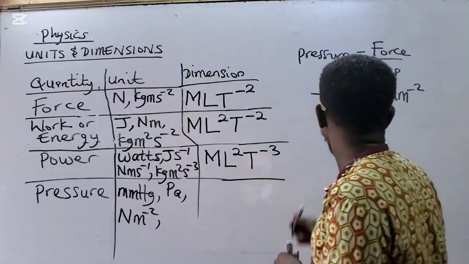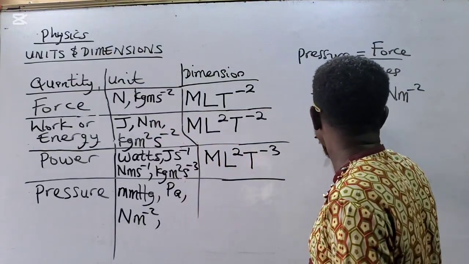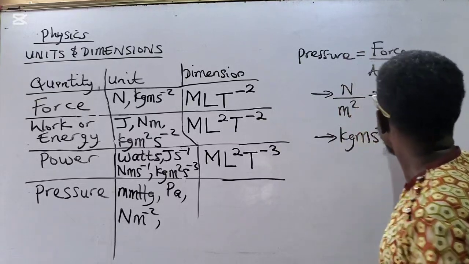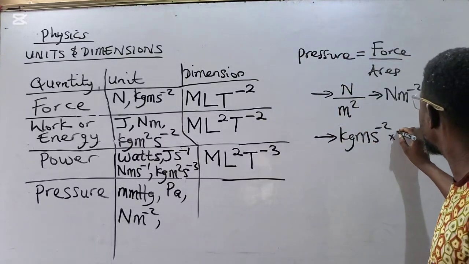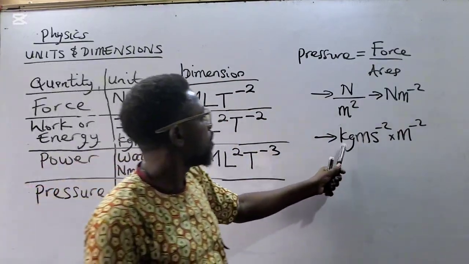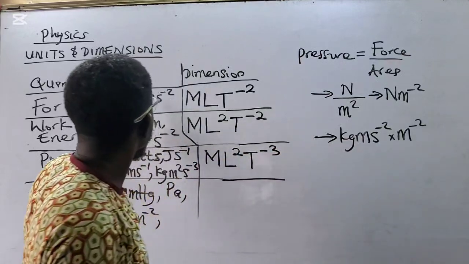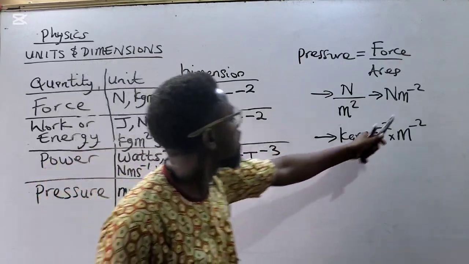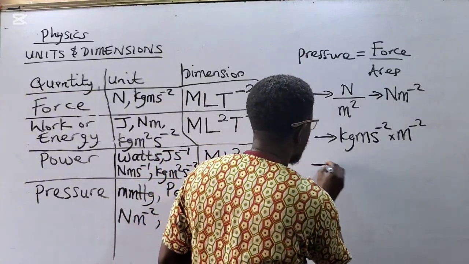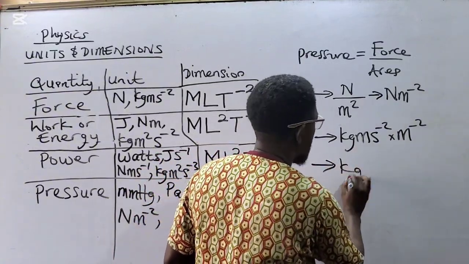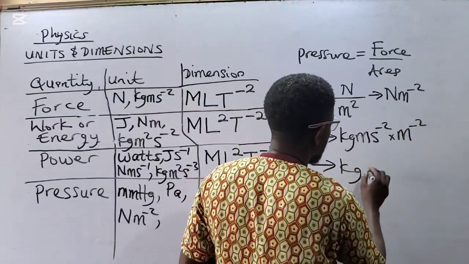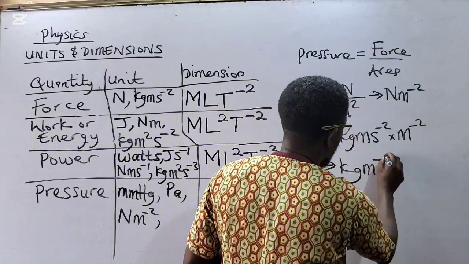Kilogram meter per second squared. So I get kilogram meter per second squared, then times meter to power minus 2. This gives us kilogram, meter to power 1 times meter to power minus 2, which gives meter to power minus 1.